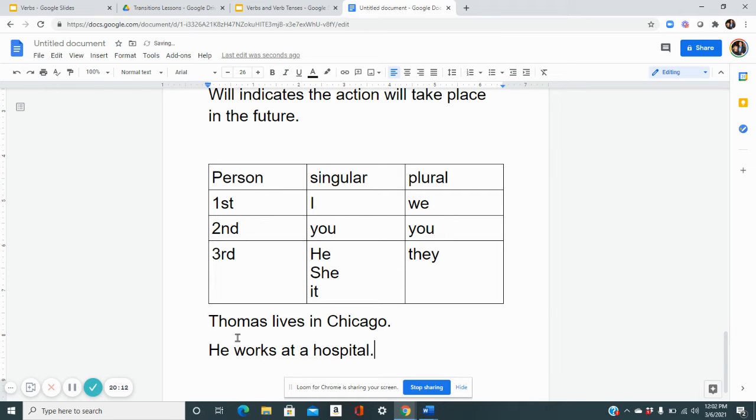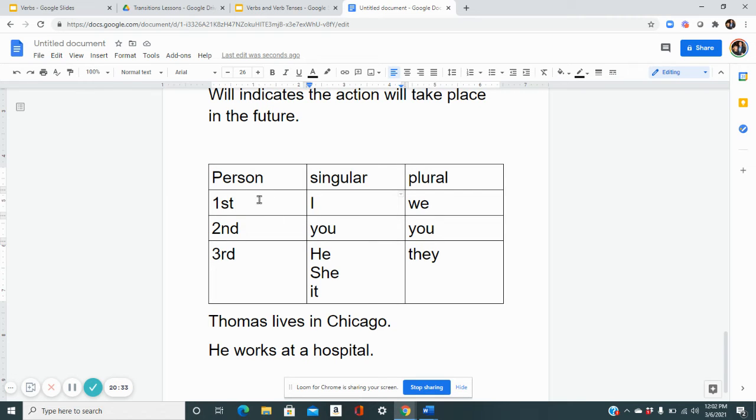So Thomas is third person singular. Okay, so I can say Thomas, I can say he. So this is a very important chart to learn, your subject pronouns, and also this, when I have person.